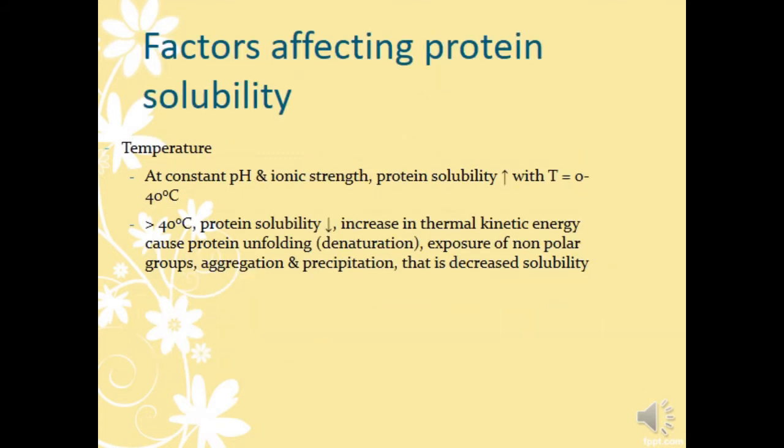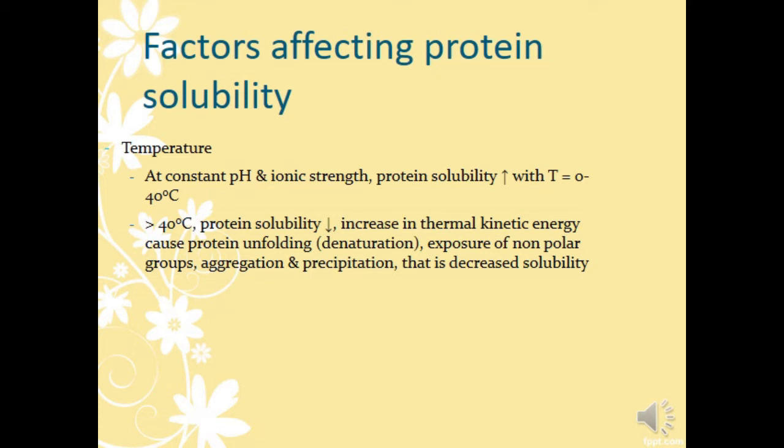The next factor is temperature. As temperature increases, protein solubility also increases, but there's a cut-off temperature, which is 40 degrees Celsius. So above 40 degrees Celsius, protein solubility will decrease.